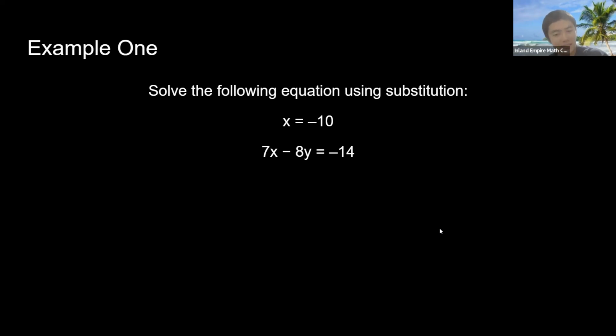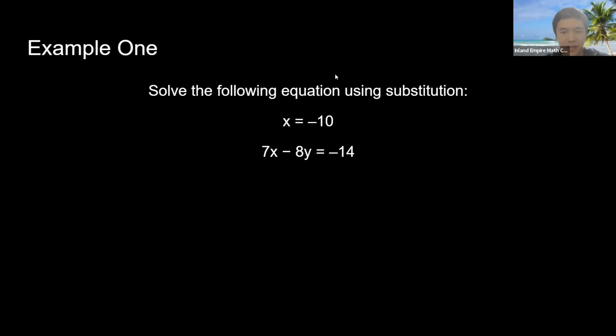So in this very simple example, substitution would basically be you want to substitute x into the second equation. This way you just end up with an equation involving y. And indeed, in this case, x is already given to you.